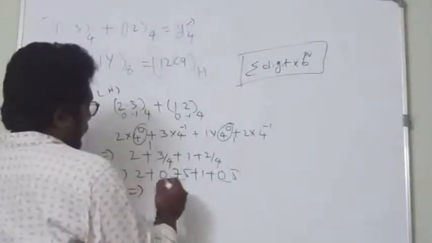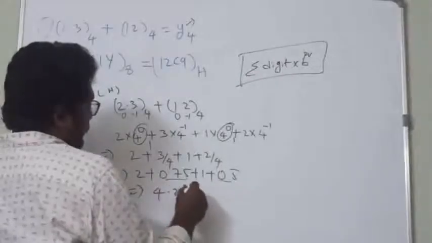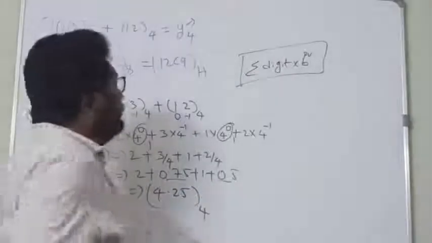So the final output will be 4.25 to the base 4.